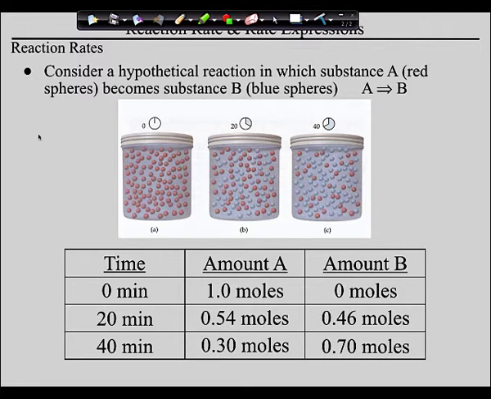Guys, join me at the board and check this out. If you look right here, there's a bunch of A, right? You're going to have a pant load of collisions. But as these collisions happen, what happens to the amount of A? It goes down. And as the amount of A goes down, what happens to the frequency of the collisions?